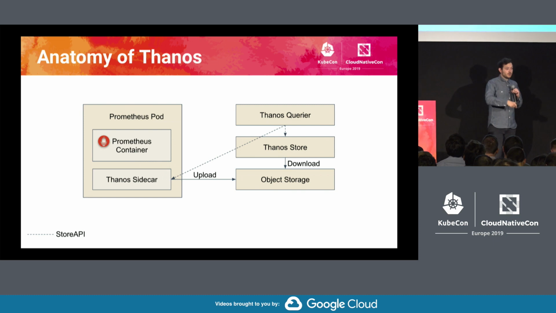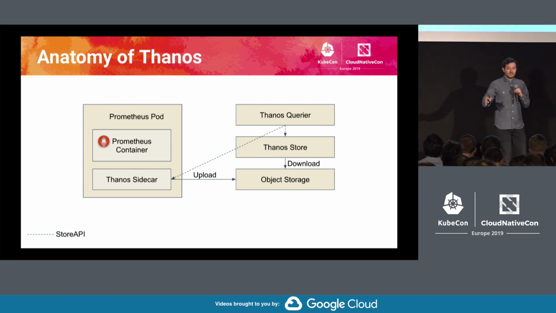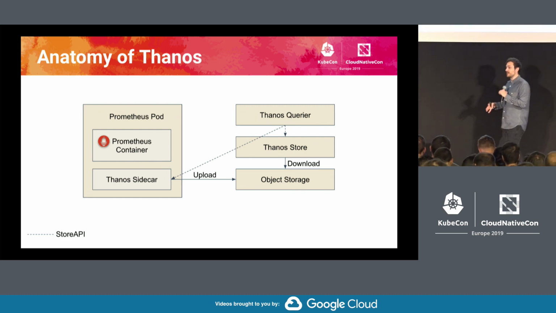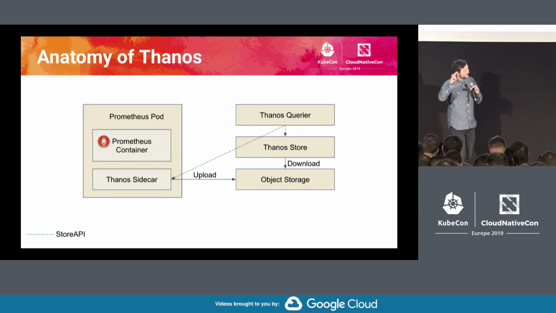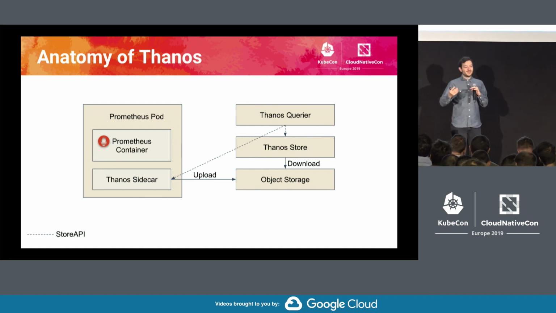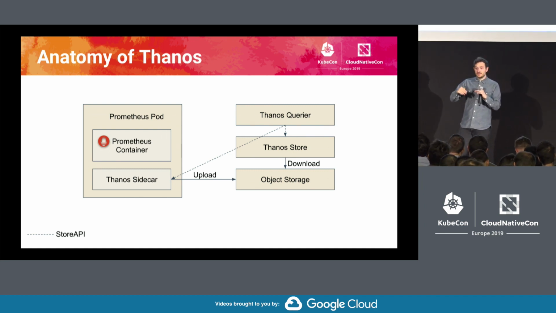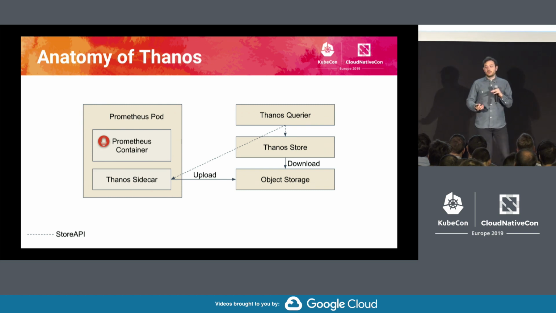And then there's another component called Thanos Store. I know, Store API, Store, not great naming, unfortunately. It's hard to change that naming now. But the Store API is essentially, sorry, I made the mistake myself. The Store component exposes the Store API as a wrapper around an object storage, like Amazon S3, for example.